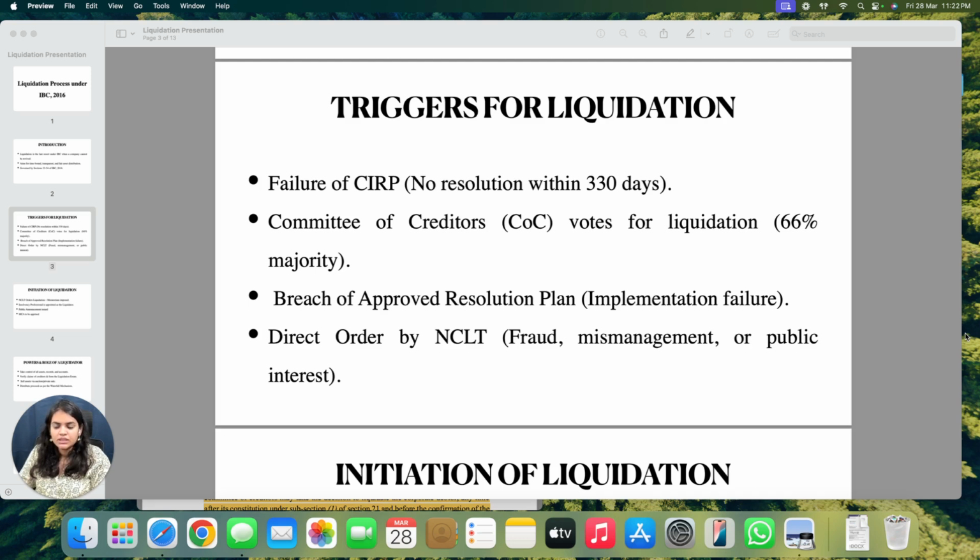Then the adjudicating authority may order the liquidation of the corporate debtor.